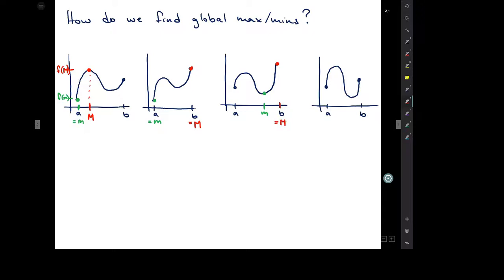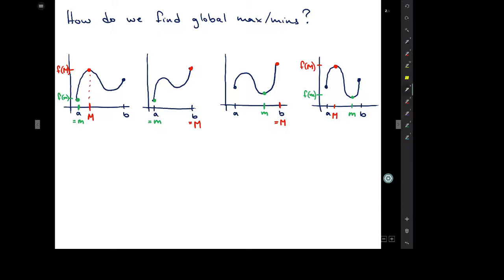In the last picture, our maximum value is right there, and our minimum value is right there. And again, these values occur at the x-coordinate, but the actual value is the y-coordinate.